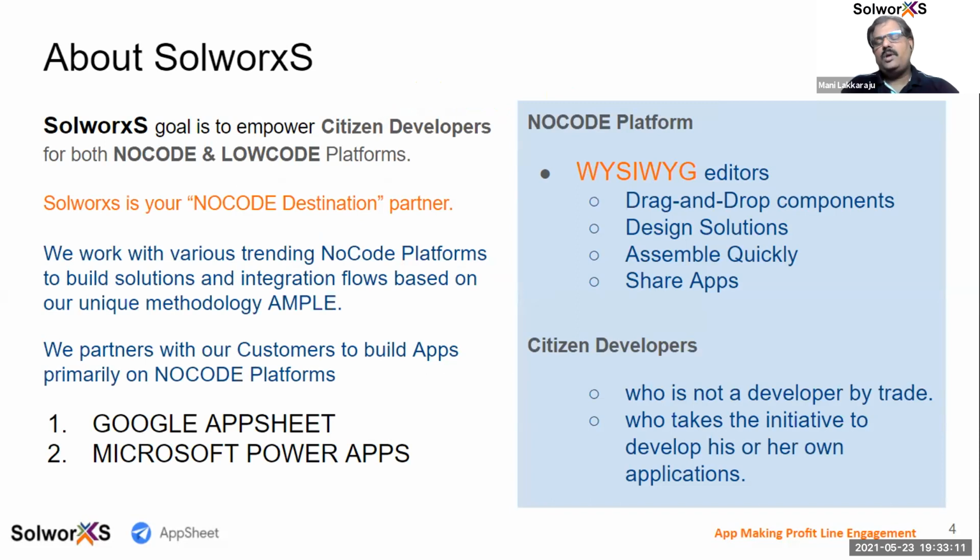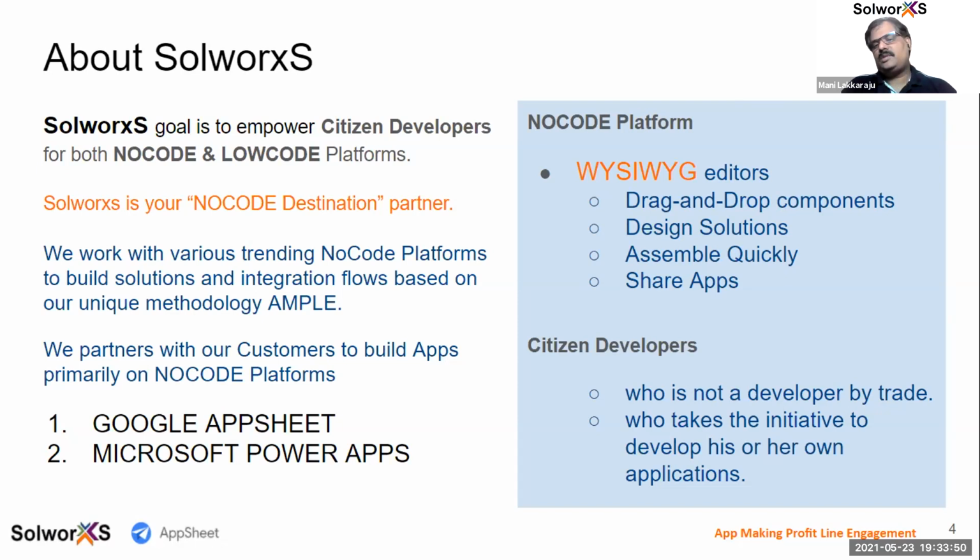These are the two areas where we specialize in the support that users require, helping them bring out much-needed productive apps that can be built using these platforms. We have our own methodology called AMPLE, which stands for App Making in Profit Line Engagement. We educate entrepreneurs, founders and business owners to build apps only when it is in your profit line.